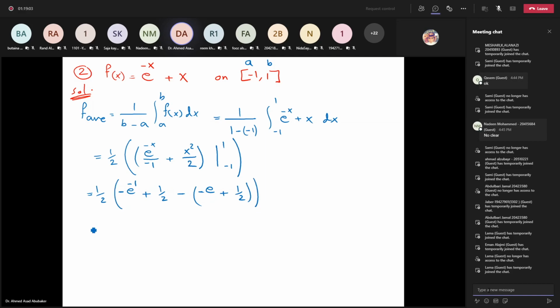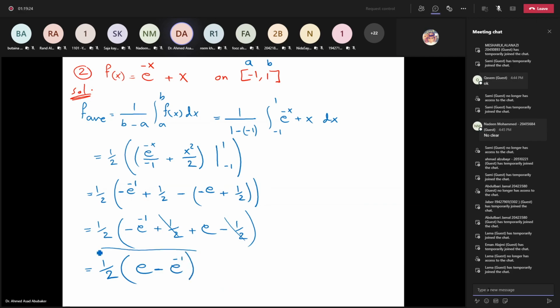So we have half of negative e to the power -1 plus half plus e minus half. Remove half with negative half, so we have half multiplied by e minus e to the power -1. This is the final answer.